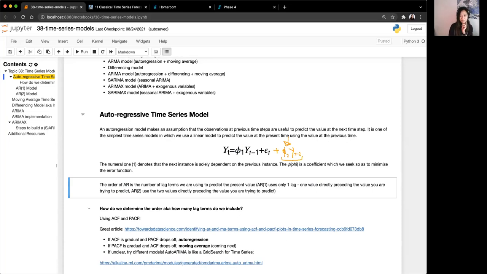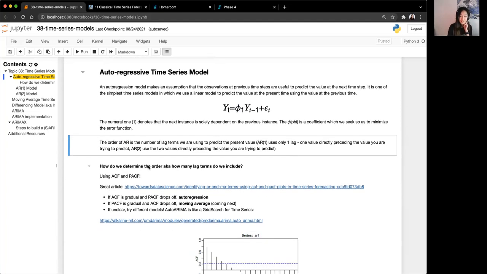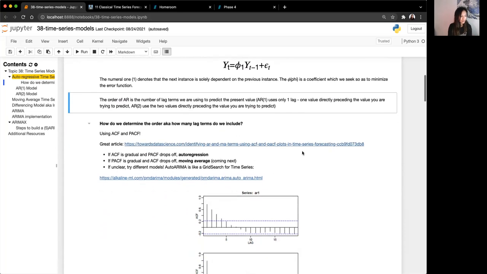So how do you do that? Let me just clear this for now. You use your ACF and PACF graphs. How do I know whether I want to start with the AR(1), AR(2), or AR(3) model? You look at the ACF and PACF. This is a really great article that I recommend reading to understand ACF and PACF. But to be honest, I still mix up which one to look at for which term.